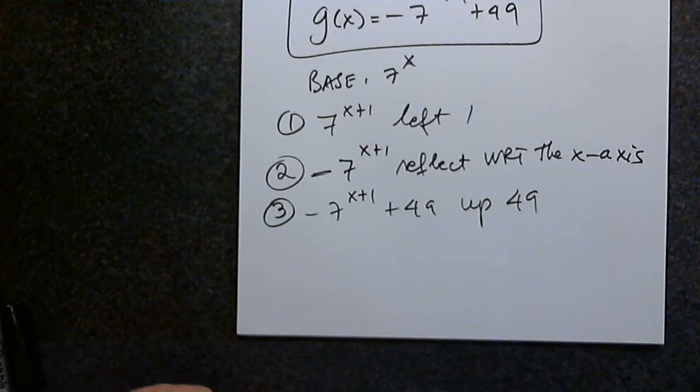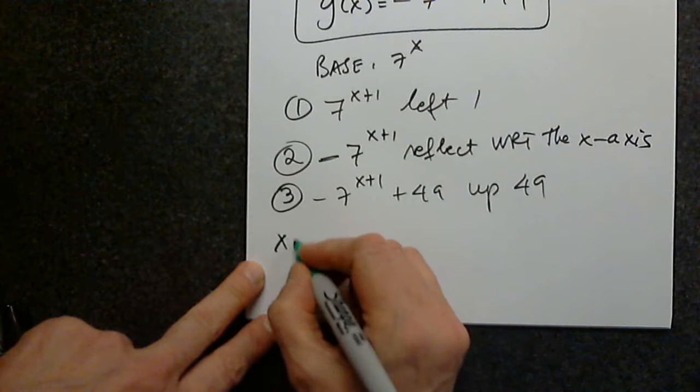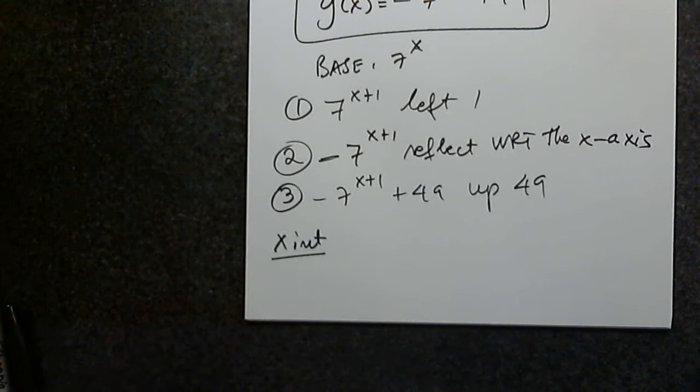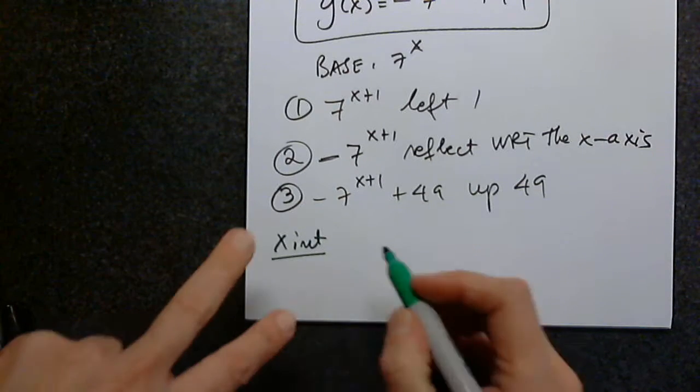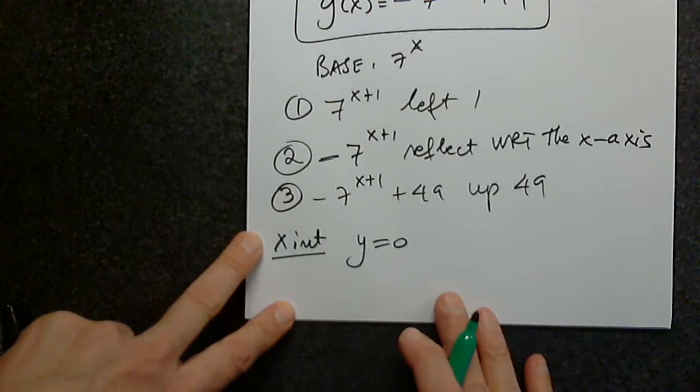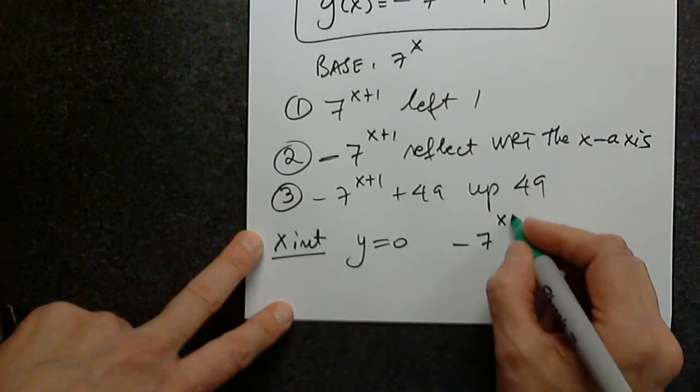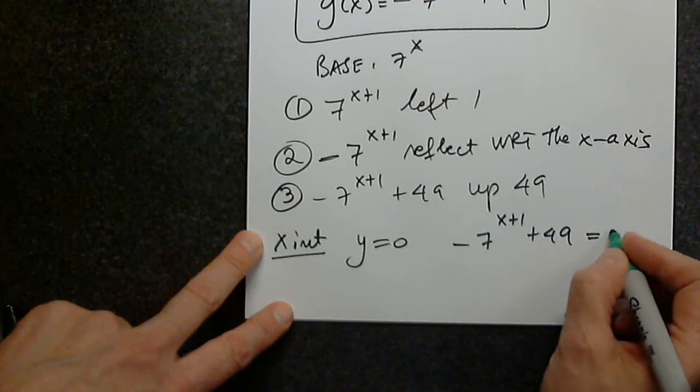You want to do the x and y intercepts first, and then we graph using transformation. Very good. Good pick. So I want to find the x-intercept. How do I find the x-intercept for any function, including this one? Perfect. I copy y. -7 raised to x plus 1 plus 49 equals 0.